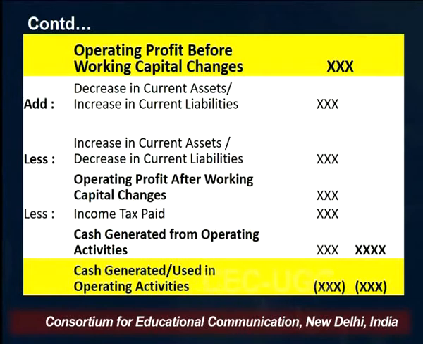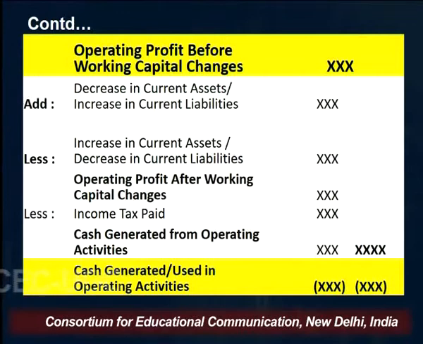Just to remind you, if there is a decrease in current asset, it is considered to be an addition to the cash inflow, whereas whenever there is an increase in current asset, we consider it to be a kind of cash outflow, and accordingly it is subtracted.